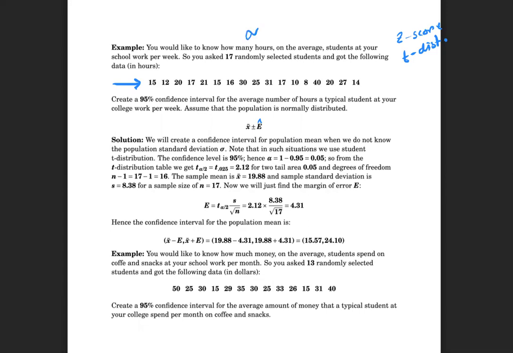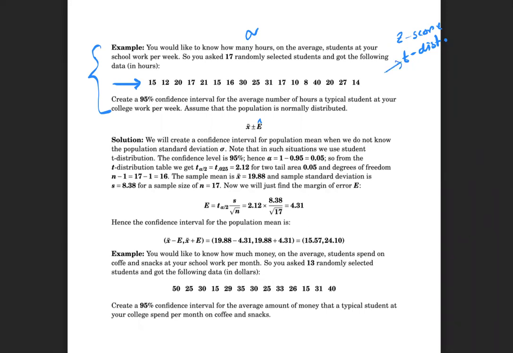Does it say anywhere in this problem what sigma is? It really does not tell you what the sigma is. So you do not know sigma. If you do not know sigma, then you always use student distribution.